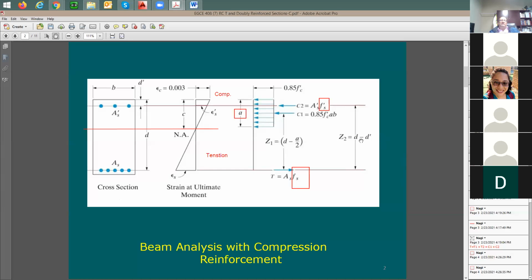How about if I also have a T section on top of that? Compression in the concrete is going to be two forces, C web and C flange. So in this case, I'm going to have four unknowns.